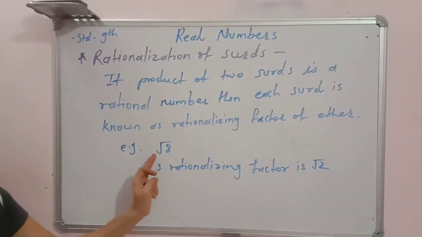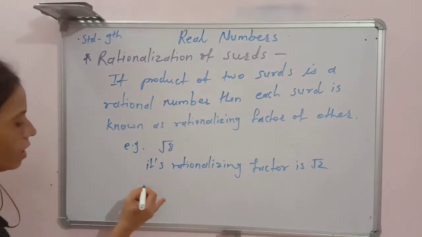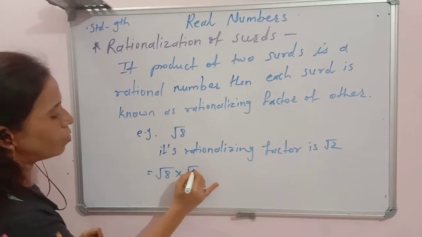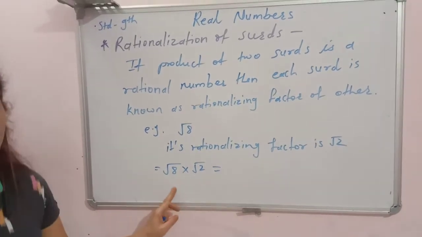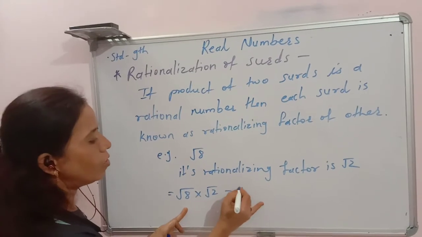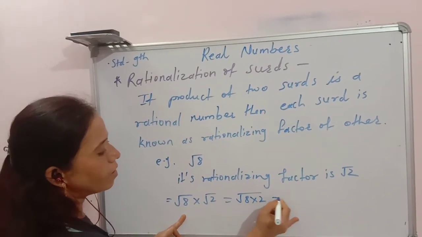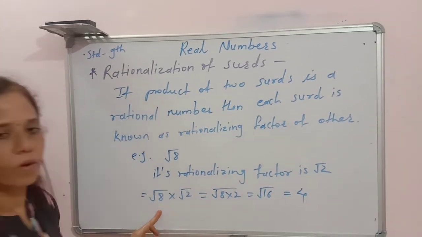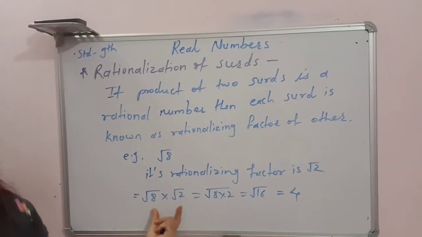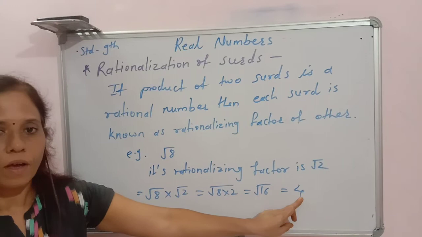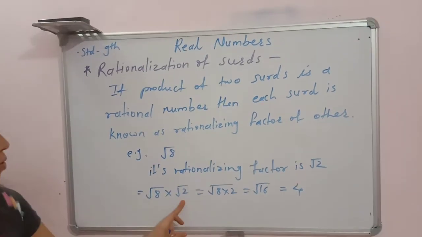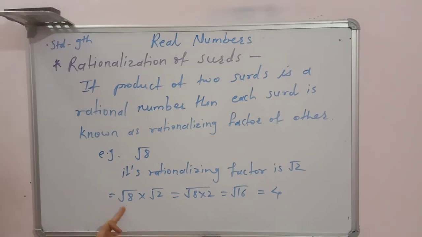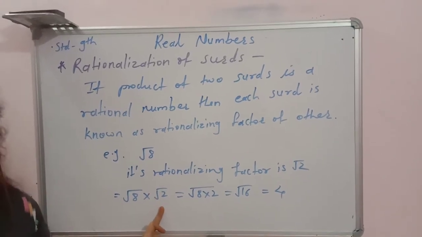Because when we multiply root 8 by root 2, what will we get? You know the multiplication of surds now. That is root of 8 times 2, and that is root 16, equal to 4. So the product of these two surds is a rational number, and therefore we can say that root 2 is the rationalizing factor of root 8, as well as root 8 is the rationalizing factor of root 2.